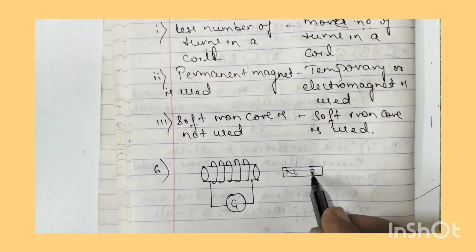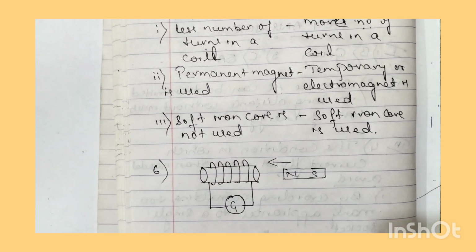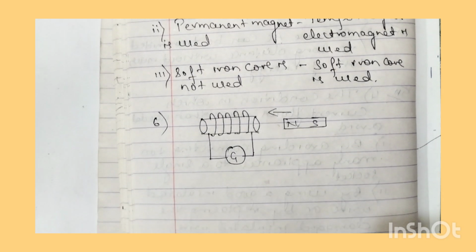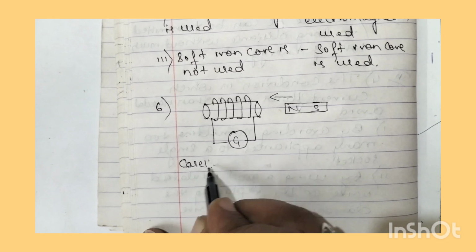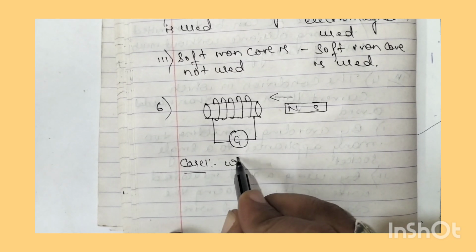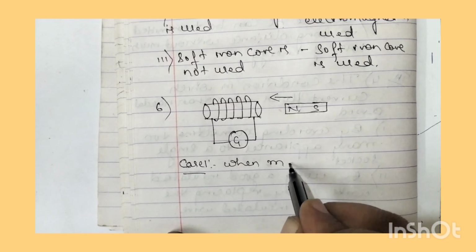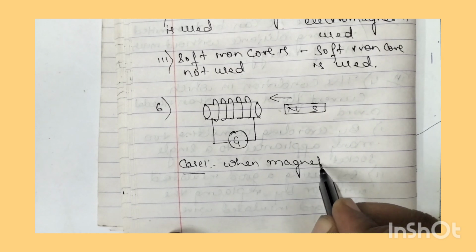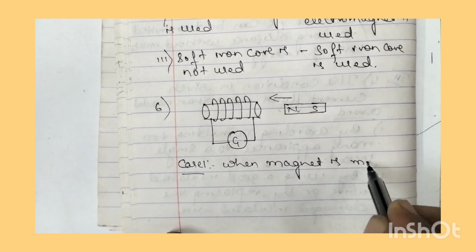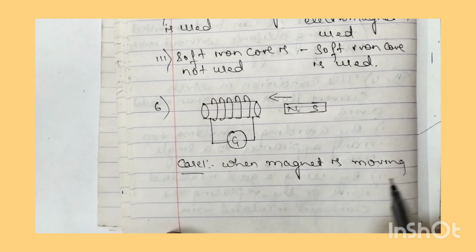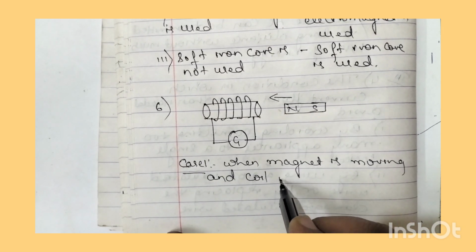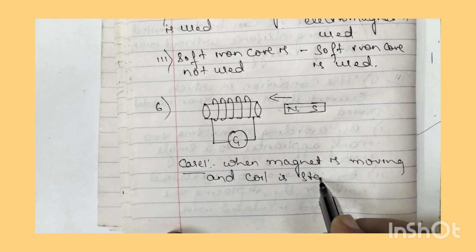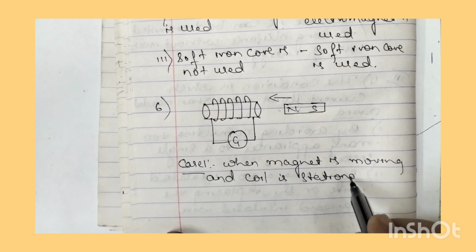Now let us study three cases here. In case number 1, when magnet is moving and coil is stationary.